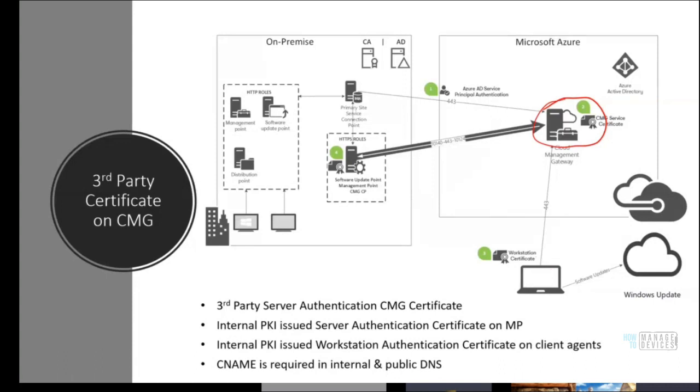It is not recommended, because each third-party certificate has a cost. If you are managing around 1,000 workstations and procuring a third-party certificate for each, it will be very costly. Another thing is that it will be very hard to manage.